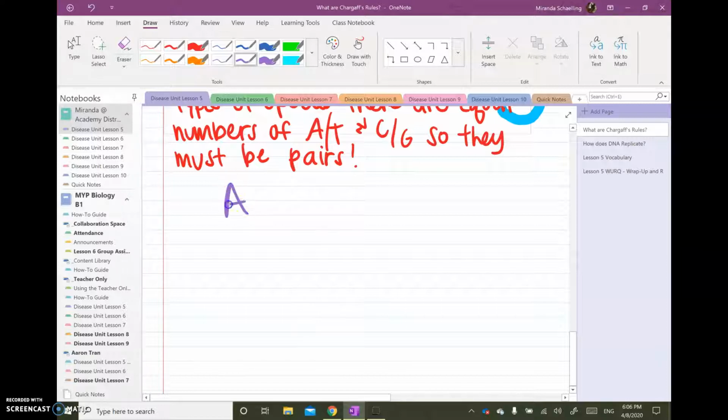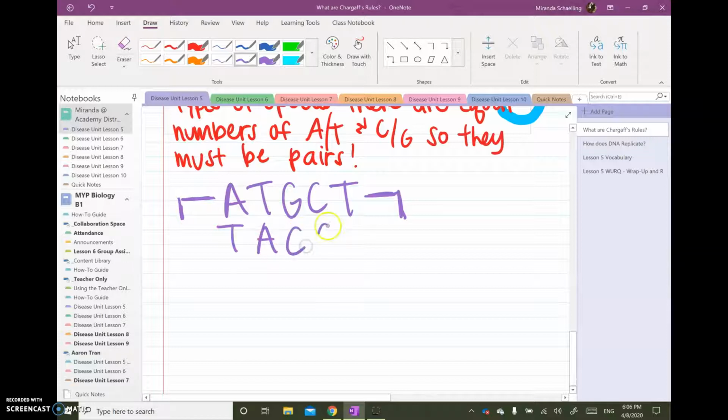So let's say we have A, T, G, C, T on one side. That's our one strand. And then on the other side, we've got T, A, C, G, A. And these two are bonded. So we just have 5.